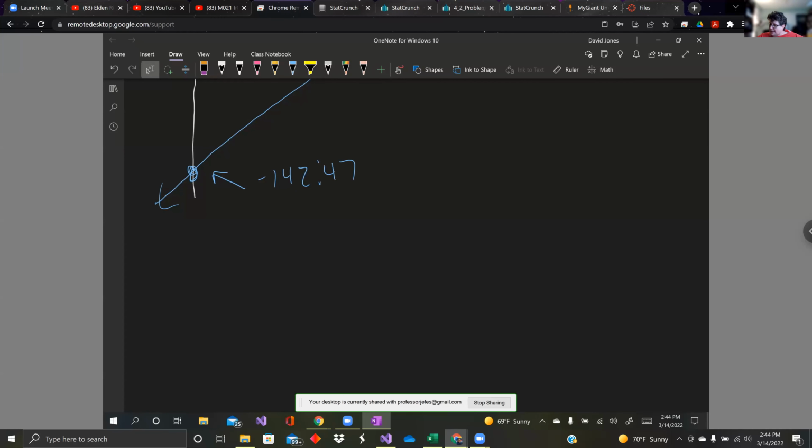Well, that 1.69, is that the value? 1.69 was my M, or they called it B1. This was my slope. If X increases by 1, let me change color. I got a lot of blue here.